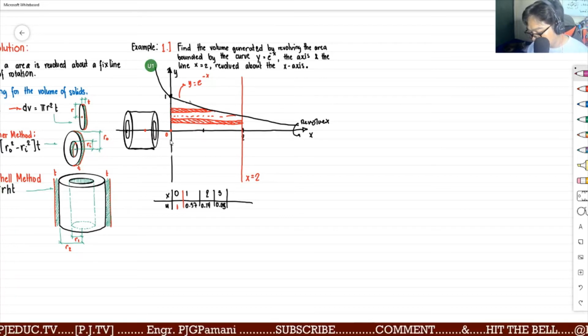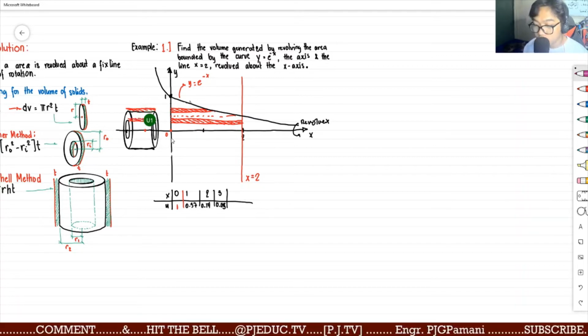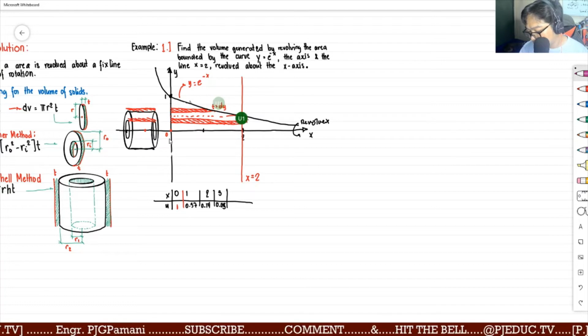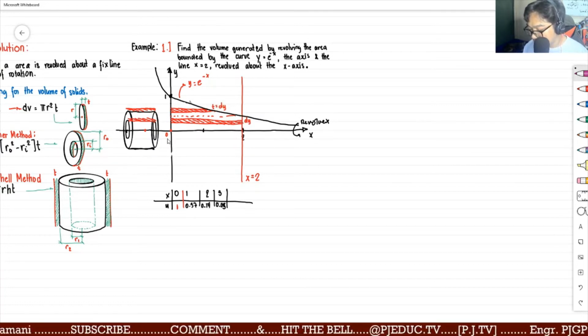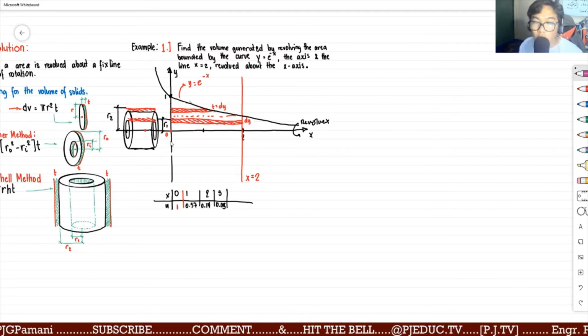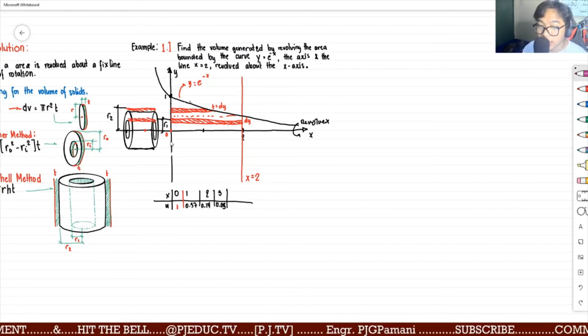So, ito yung ating differential thickness and another differential thickness over there. Yung differential thickness natin is simply with respect to the y-axis and same y. Then, ito ngayon yung ating R2 and ito yung ating R1. Then, ano ngayon yung tawag dito? Height or length ng ating cylindrical shell.